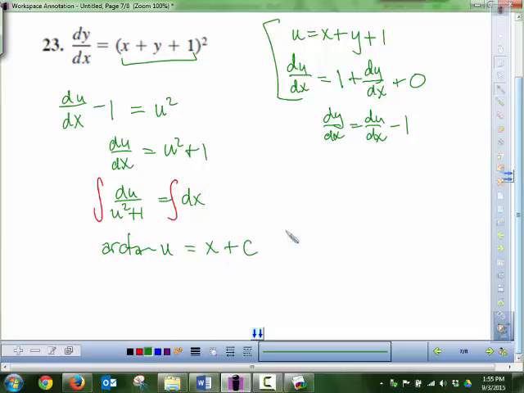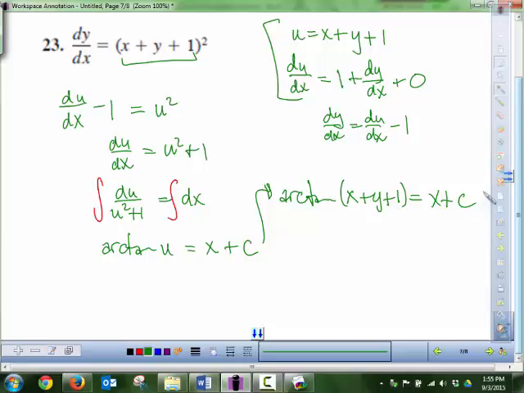We'll put the constant over there. We want to solve for y. We need y back, so let's get y back. Arctan of x plus y plus 1 is equal to x plus c.